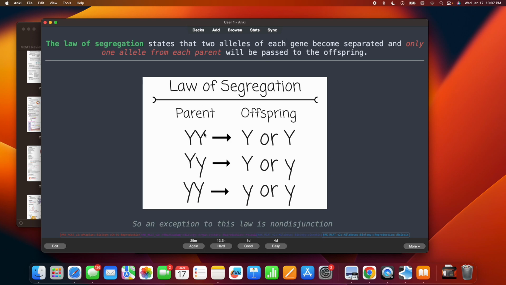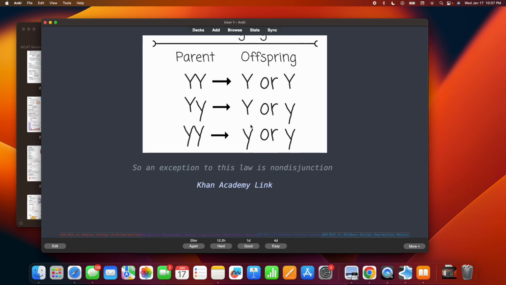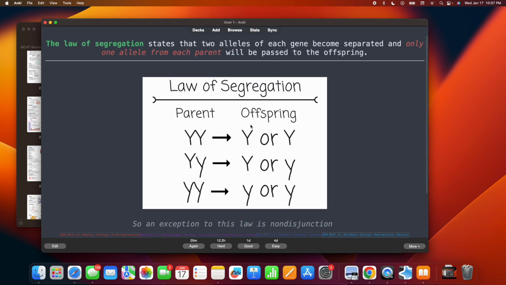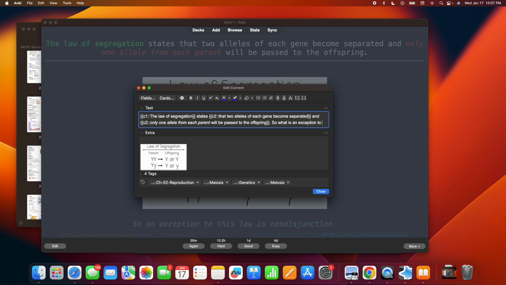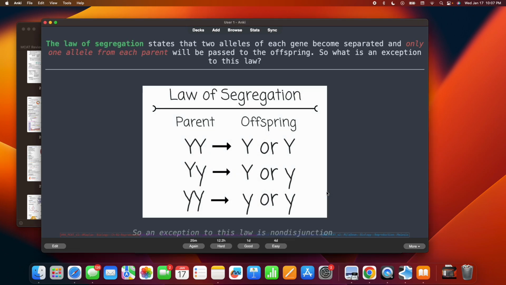So these two alleles of the parent become separated, and only one allele from each parent will be passed to the offspring. So what is an exception to this law? It's non-disjunction.